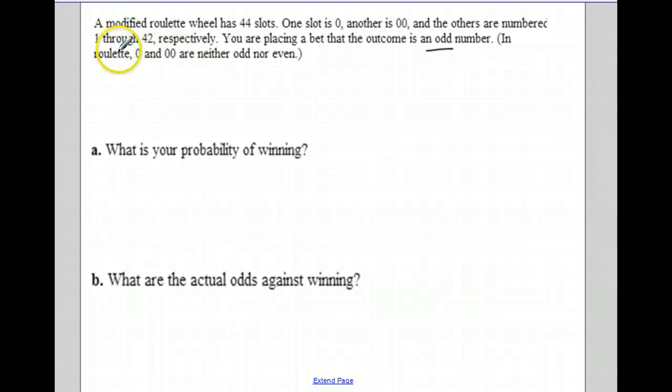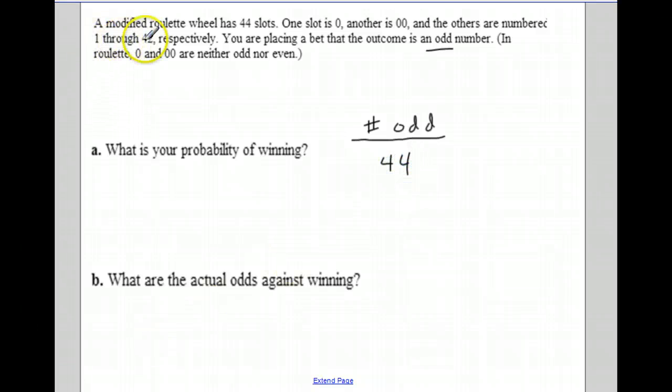So 1 through 42, we're looking for the probability of winning. So that would be the number of odds divided by 1 through 42 plus the extra 2 is the 44. So divided by 44.